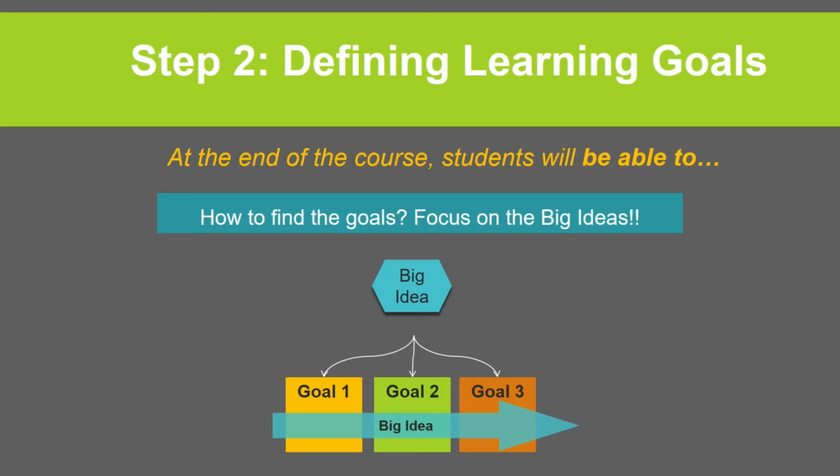Step 2 is thinking about defining the learning goals. So at the end of the course, students will be able to, and we finish the sentence. These are written at a little larger level because your scope is the course, and so you'll think about what are the big ideas and key concepts that you want to be represented here.